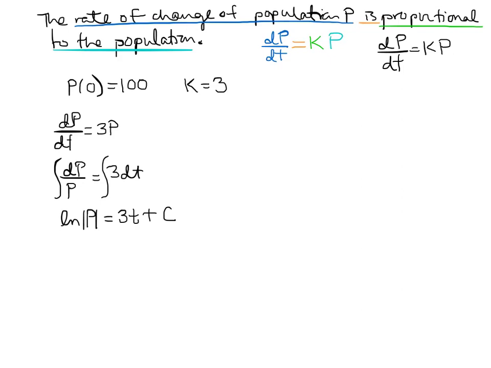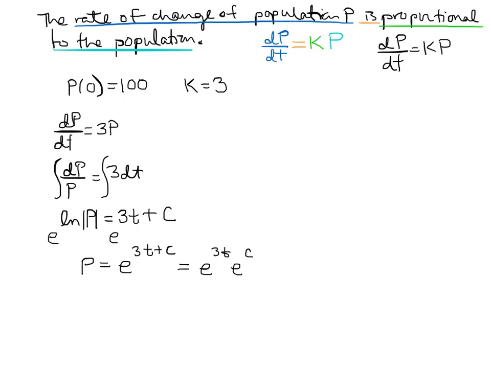So now when I solve for P, I need to exponentiate both sides. So P is going to equal e to the 3t plus c. Now I'm going to use some exponential rules here. This is the same thing as e to the 3t times e to the c, because you would add exponents.